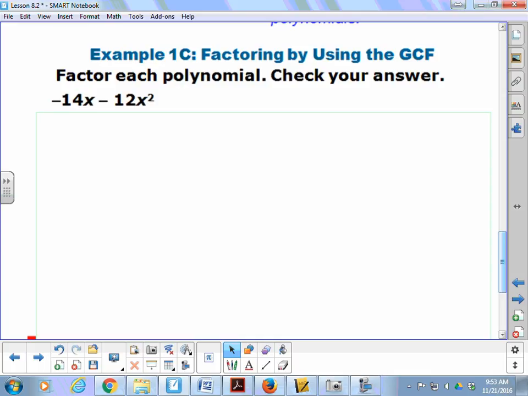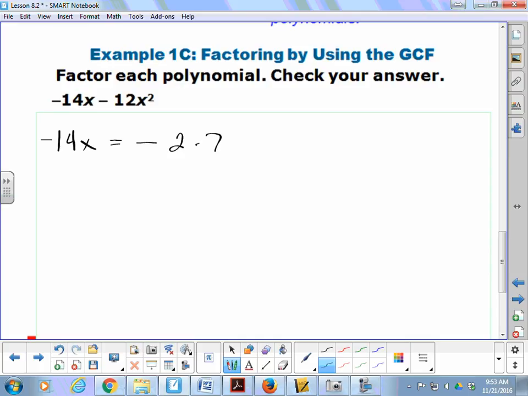So if I write out the prime factorization, we have a negative 14, which is 2 times 7 and times x. Negative 12x squared.